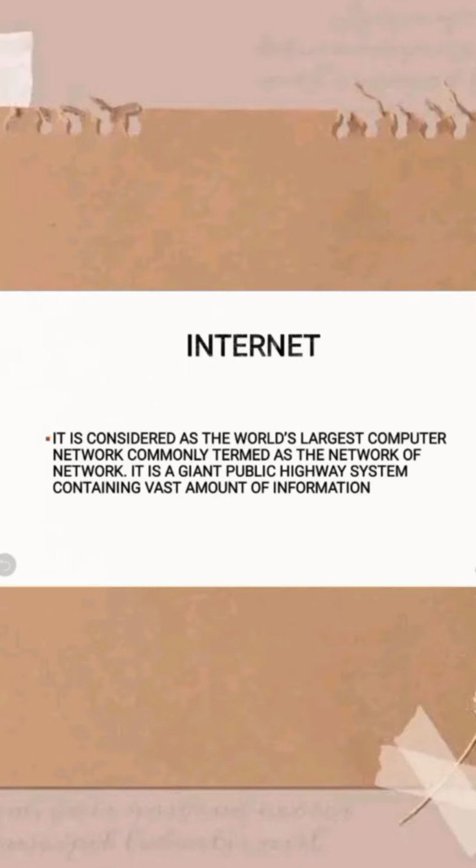So Internet. Internet is considered as the world's largest computer network, commonly termed as the network of networks. It is a giant public highway system containing a vast amount of information. So that is the definition of Internet.